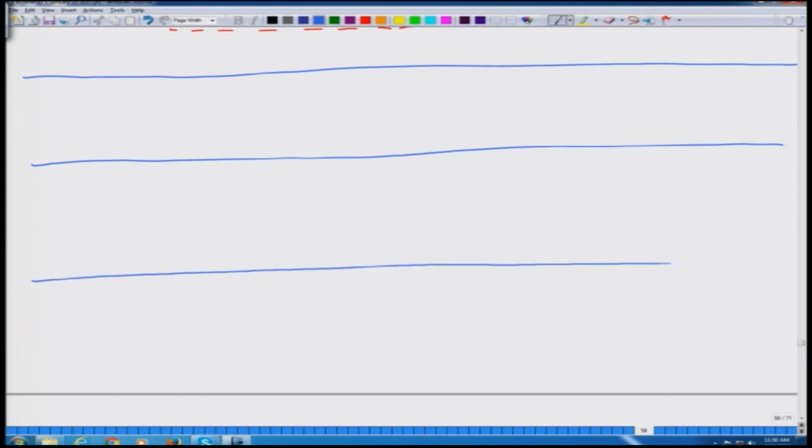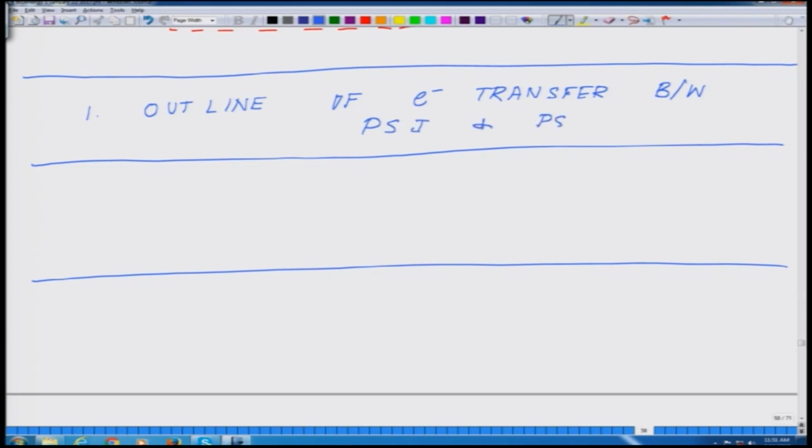Our next goal will be, one, outline of electron transfer between photosystem 1 and photosystem 2, which of course you can also mention as 700 or 680, the outline of electron transport with respect to the redox potential. This is one aspect we will be dealing with now.